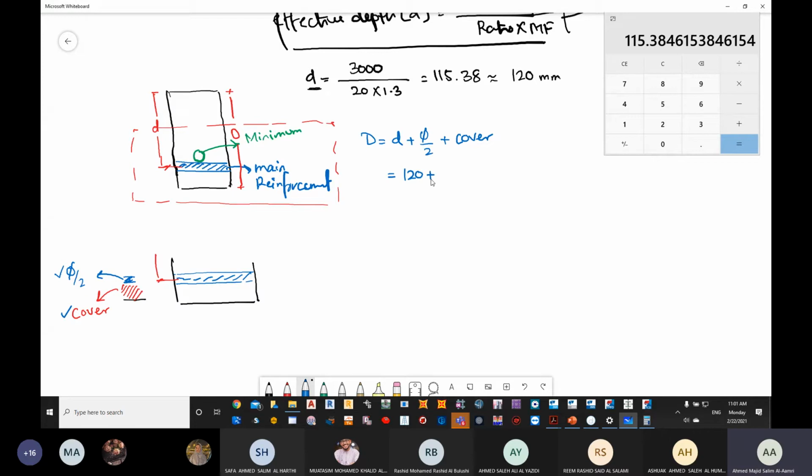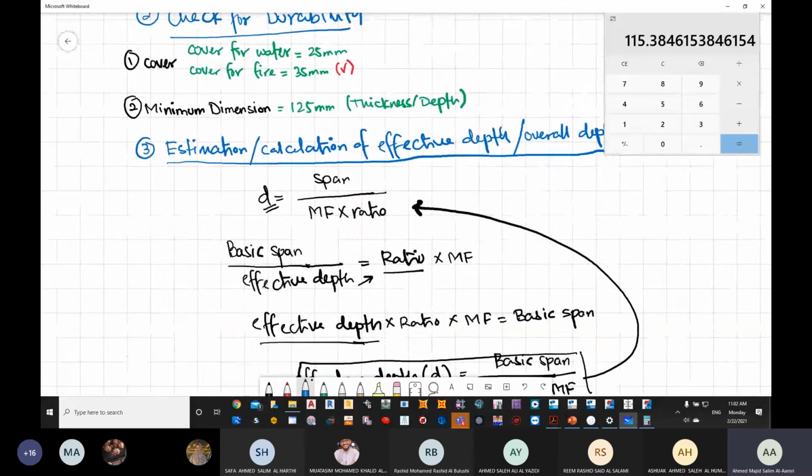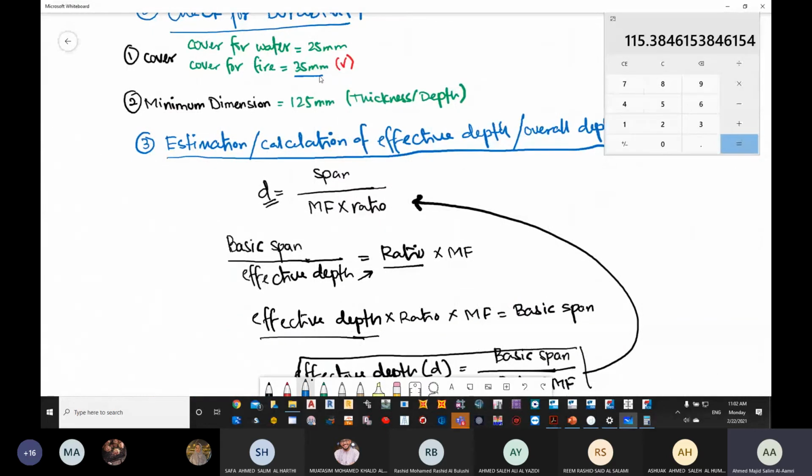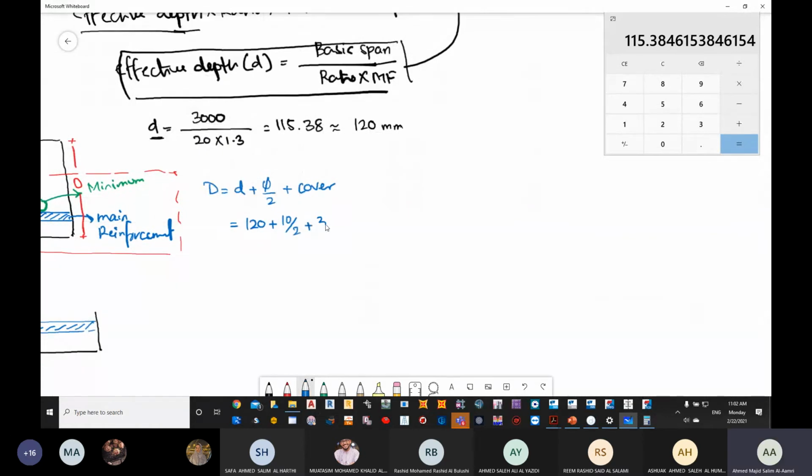In this scenario, we are going to assume it as 10. So 10 divided by 2. Once again, I'm assuming the diameter, 10 divided by 2. And then we have the cover. The cover has been taken in the problem, as we said earlier, as 35, plus 35. So now this will give you around 160 mm as my overall depth.